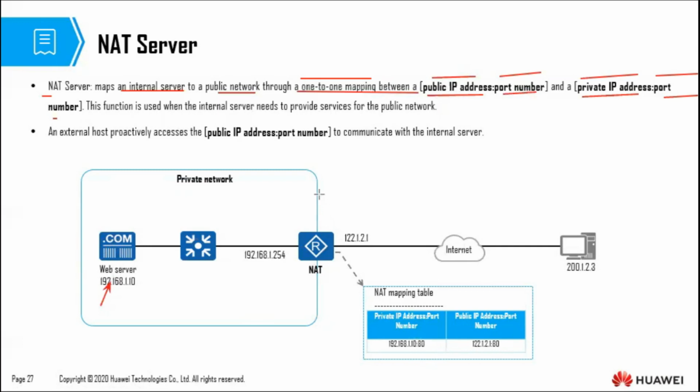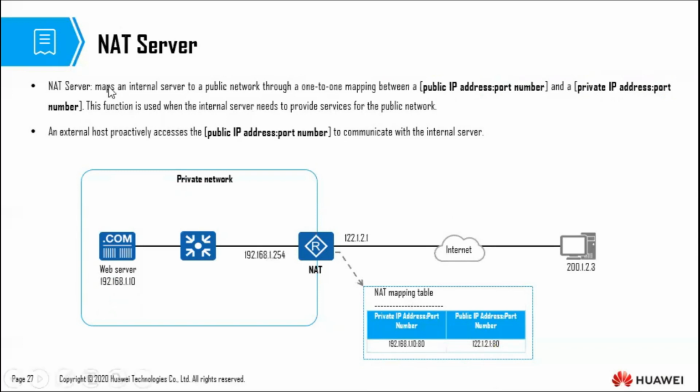In your egress device, you are going to have the one-to-one mapping between a public address and the well-known port, and a private address and the well-known port. It's one-to-one. So this public address cannot be used really with any other device. That mapping of that address and that port cannot be used with any other device.